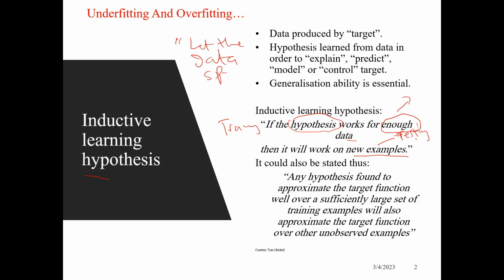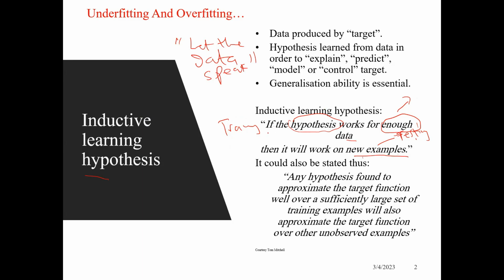Different data comes with its own unique information that is inherent in it. However, the hypothesis learning is very unique. So if the hypothesis works on enough data, then it will work on new samples. This is the standard thing.